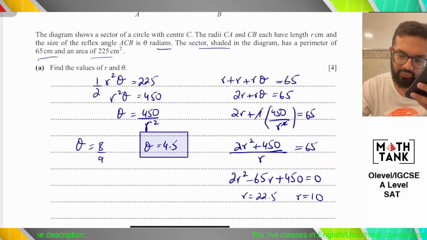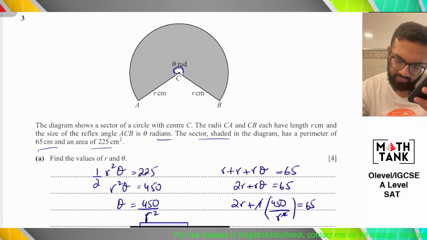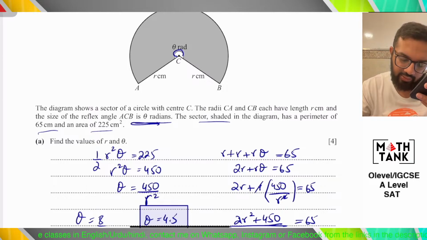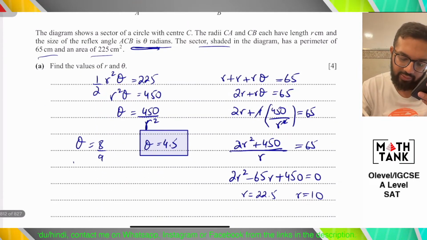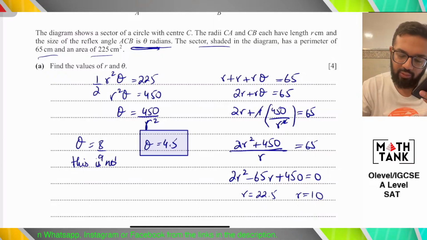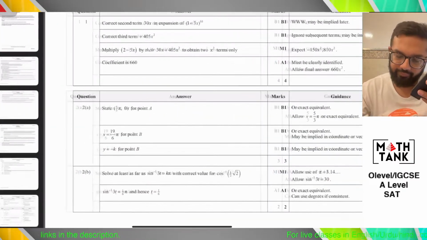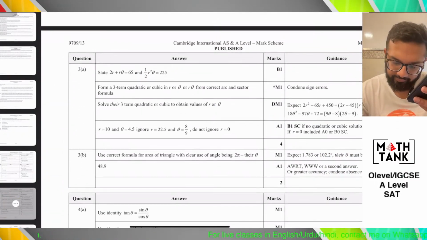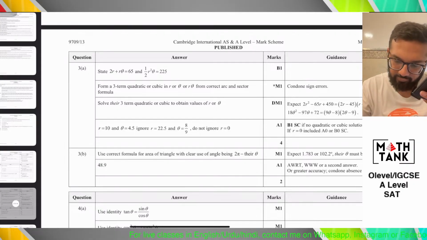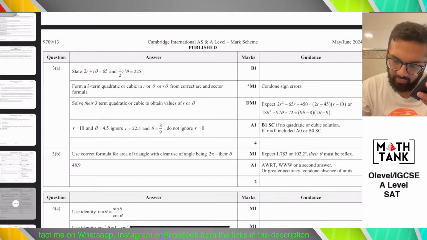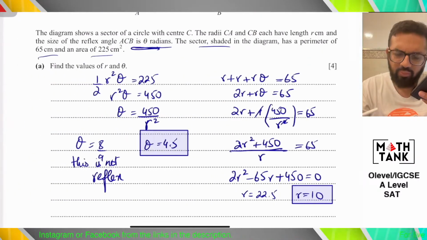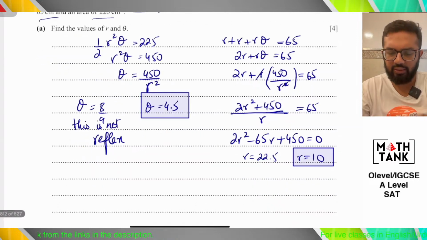I'm not sure. I will have to check the answer though, because this is a major sector. It's a reflex angle in theta. Okay, so this is not reflex. So that answer has to be discarded, and theta is this, and r is that. Okay. I don't know why that's an option.